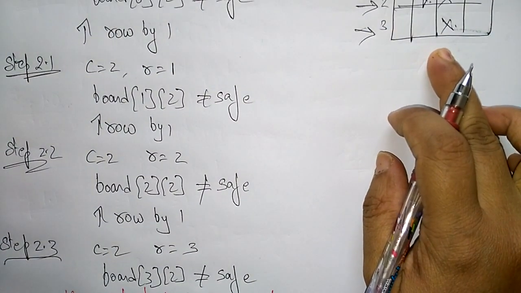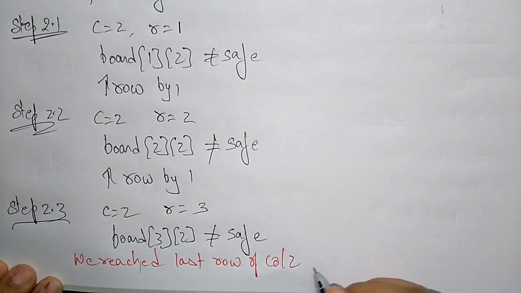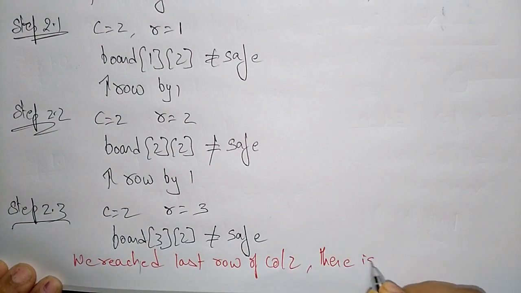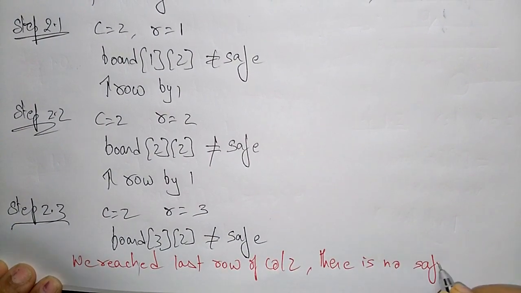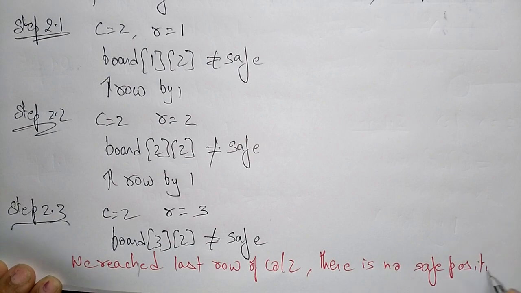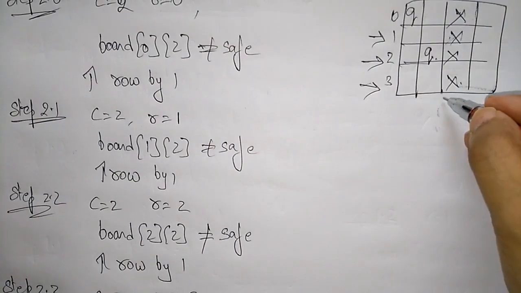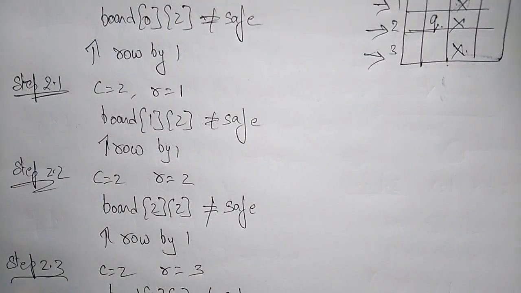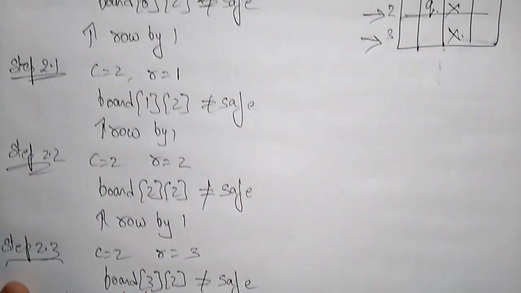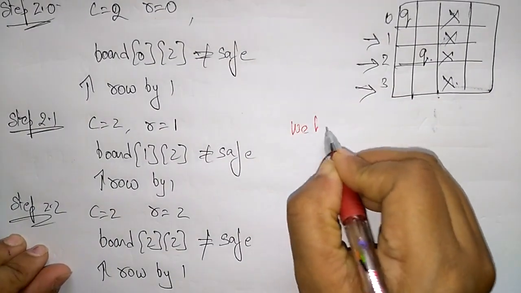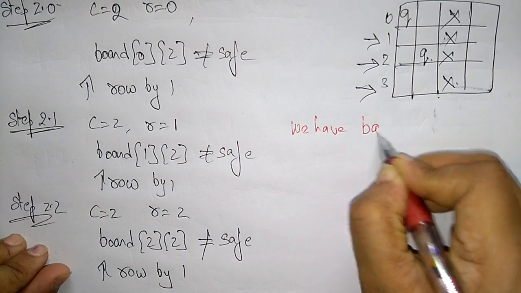So what do we have to do? There is no safe position. If there is no safe position till you reach the last row, what do we have to do? You have to backtrack.